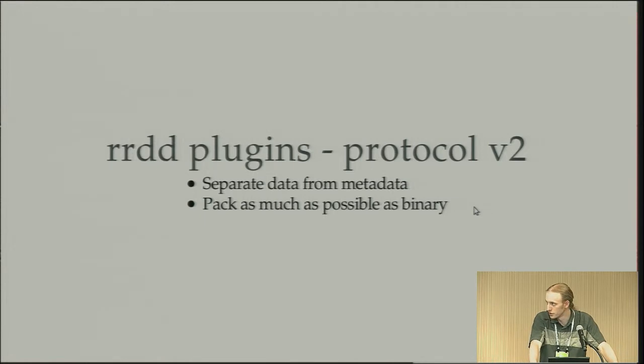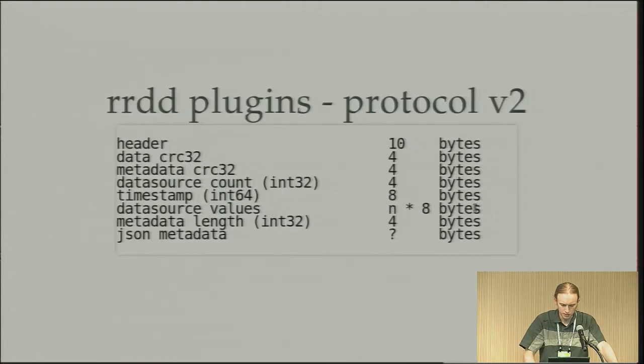So for version 2 of this protocol, the idea is to pull the data we want to read every tick out from the metadata, move it up to the front of the file, and then have everything, as much as possible, in binary fixed-width data fields. So version 2 looks like this. We've got the same header as before. We now have 2 checksums, which are 32-bit CRCs, so down to 4 bytes for those.